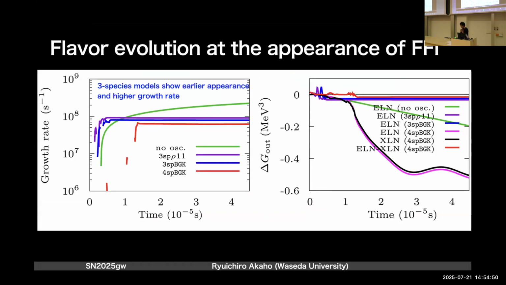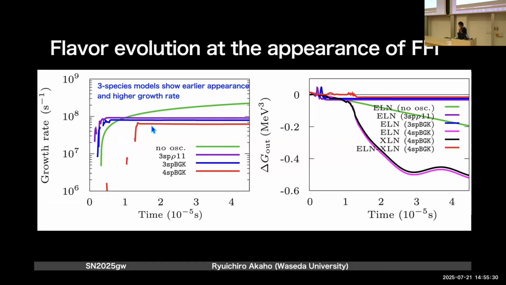So the left figure shows the growth rate, and the right figure shows the electron lepton number and the heavy lepton type lepton number. The red one is the four species BGK, and it can be seen that the three species model shows early appearance of the instability, and the growth rate is kept high compared to the four species BGK model.